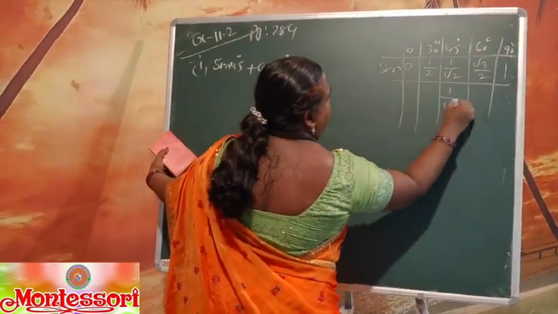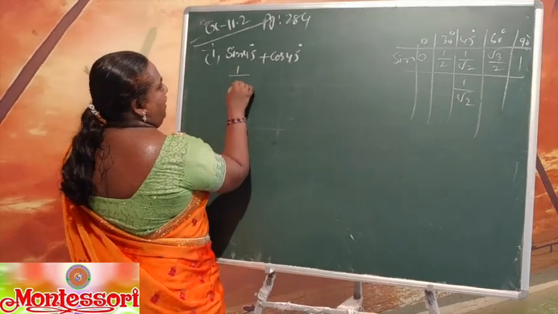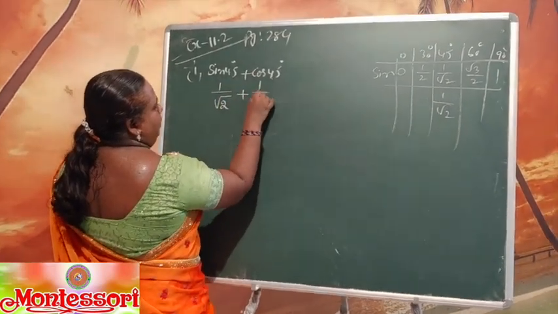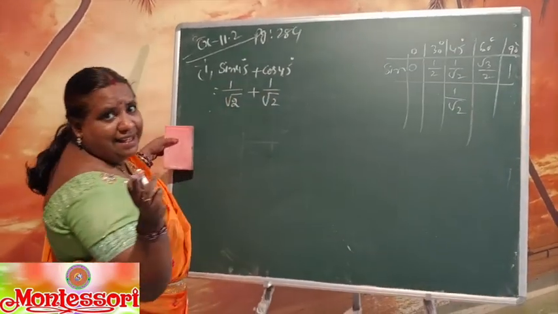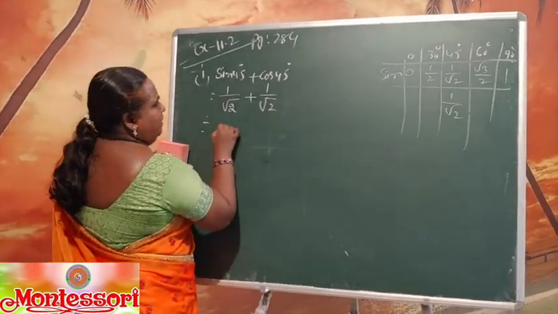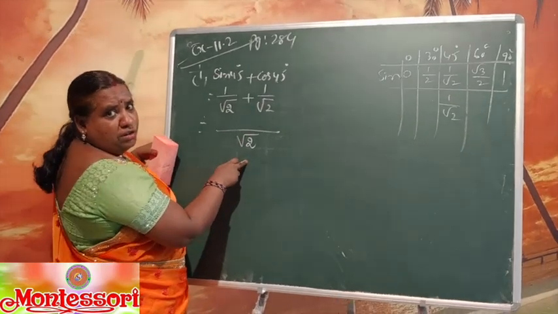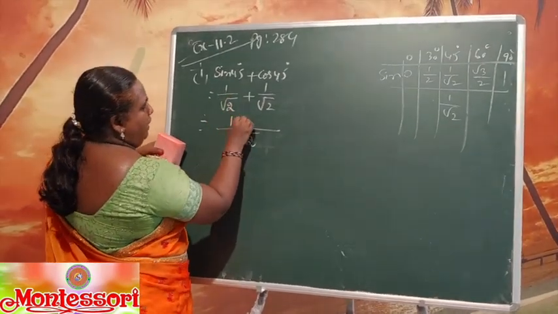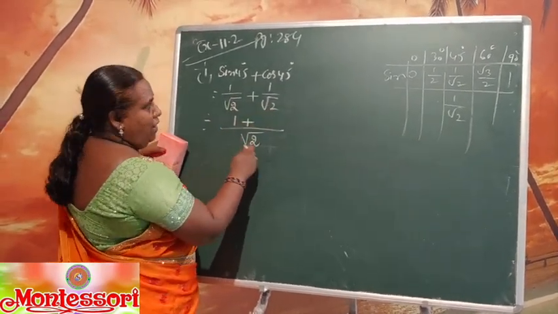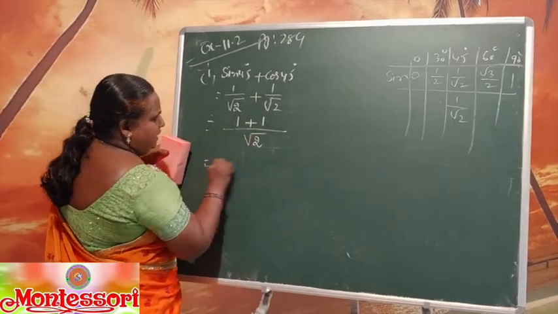So sin 45 and cos 45 are the same. So 1 by root 2 plus 1 by root 2. We can see the denominators are the same, so automatically what will be the LCM? Same, root 2. Root 2 goes 1 time. So 1 plus 1 is 2.